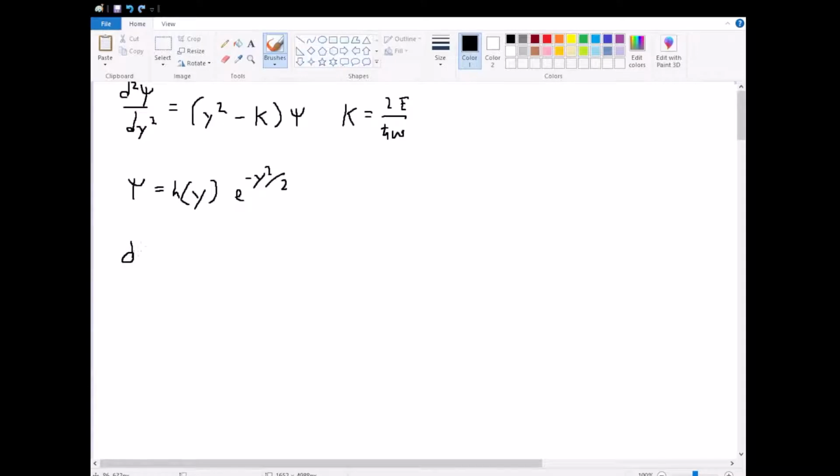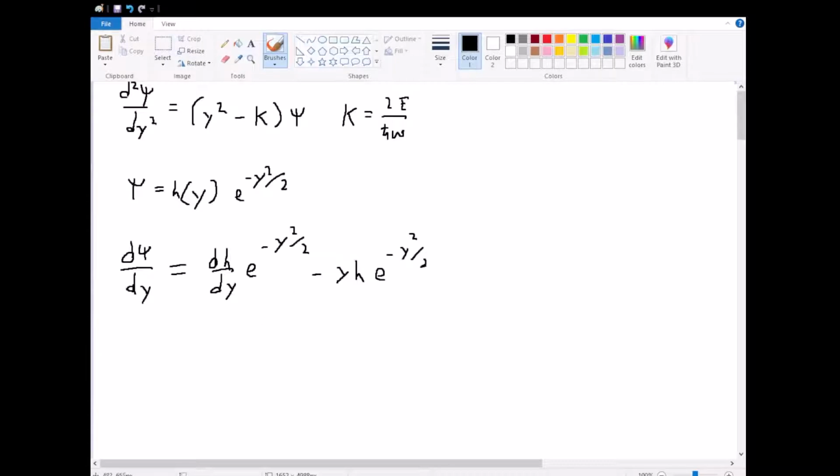d psi by dy, assuming that psi takes on this form, is going to be equal to dh by dy times e to the negative y squared over 2. And then minus, let's see, y times h times e to the negative y squared over 2.